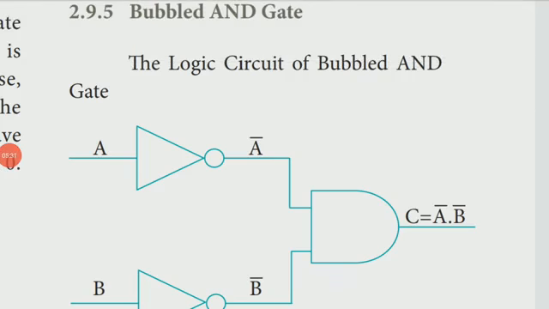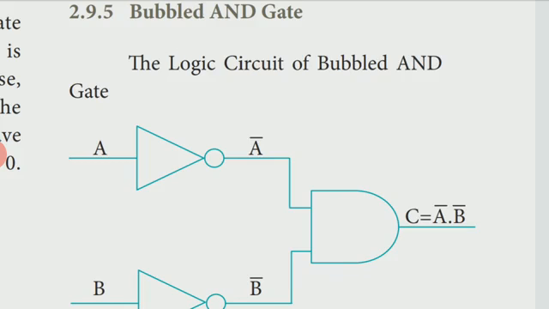Next we are going to see the bubbled AND gate. What does bubbled mean? For the input values, we take the negative, that is the complement. For A, we use the NOT gate to get the negative, the inverse value. So A means the input is taken as a complement.